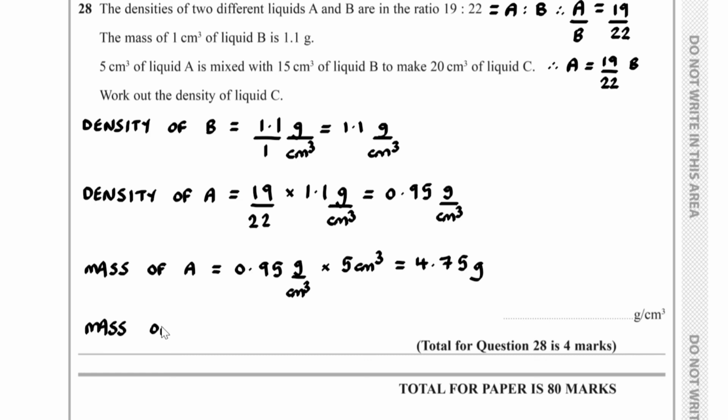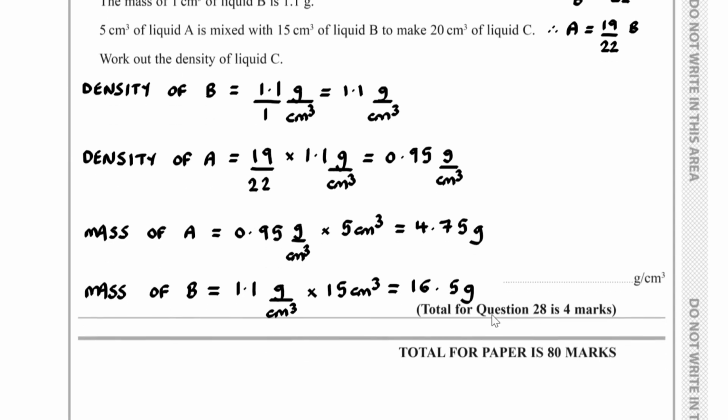The mass of B is equal to the density, 1.1 grams per centimeters cubed, multiplied by 15 centimeters cubed, and it turns out here we get 16.5 grams.